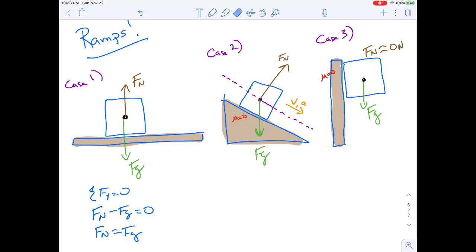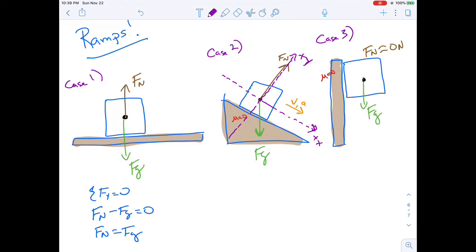Let me bring it back down to the other side here. If that's the case, that means the y direction is here, which happens to match the direction of the normal force.